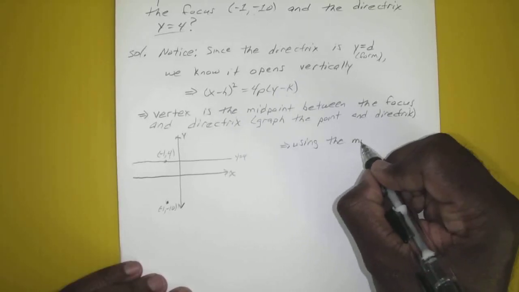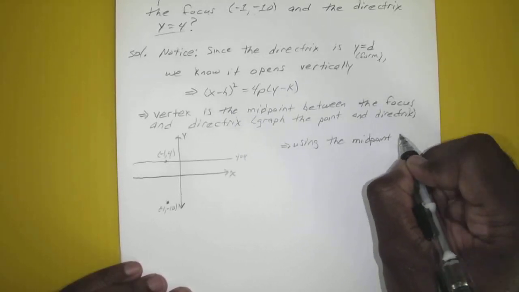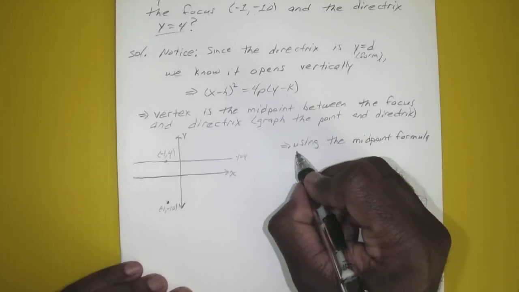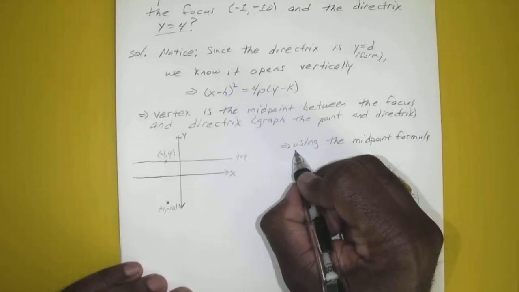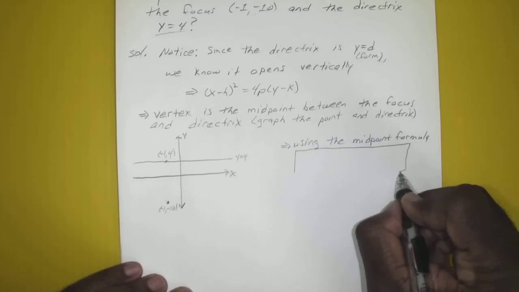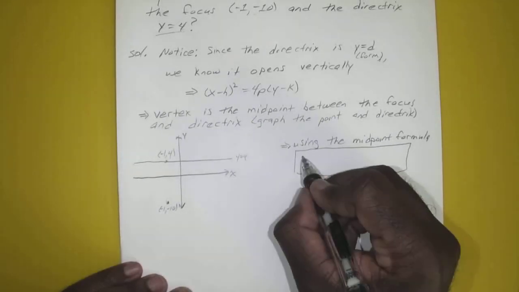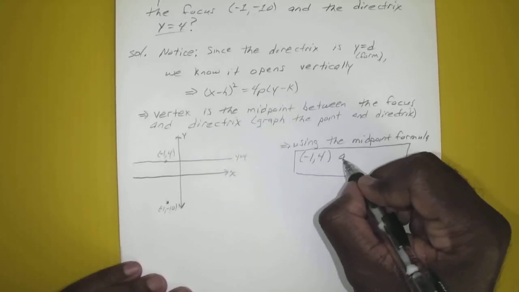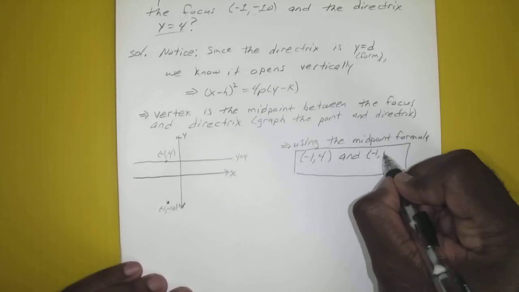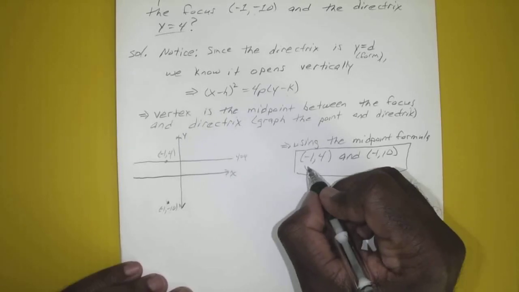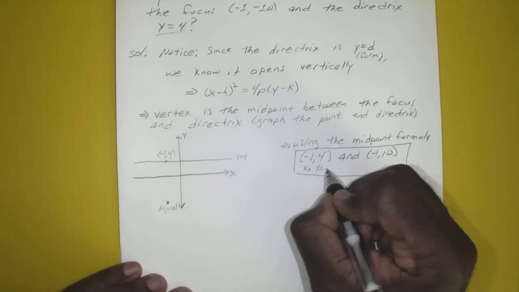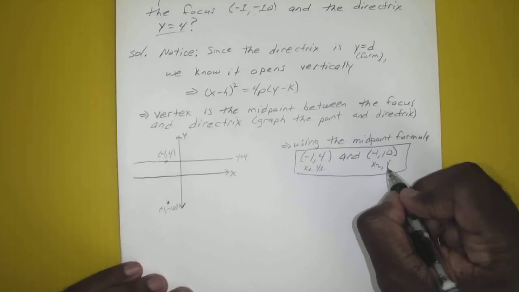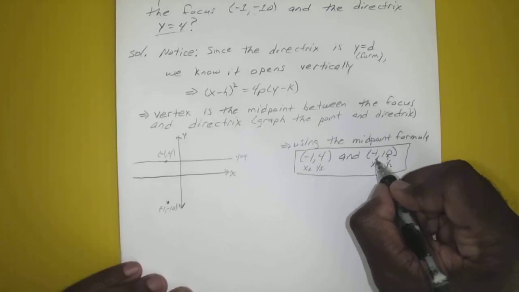Using the midpoint formula, we're actually going to use it on those 2 points. So we know negative 1, 4 and negative 1, 10. We can make those our x1, y1, and our x2, y2.